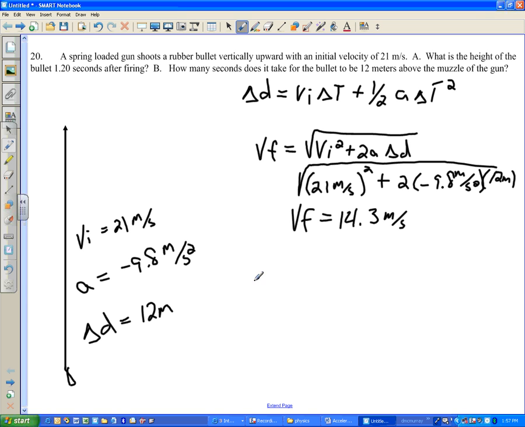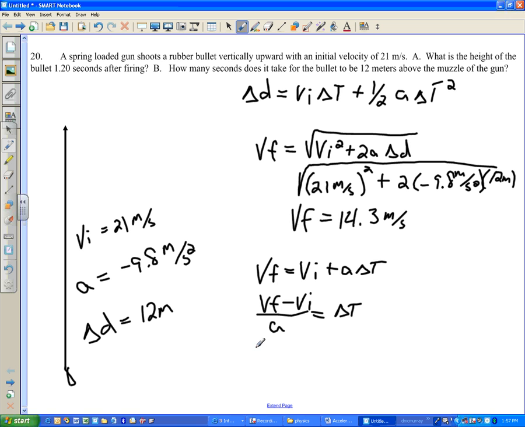Then, if we're looking for a time period, we can use another equation that says VF equals VI plus A delta T, and solve for delta T, in which VF minus VI all over A should equal delta T. And let's put some numbers in.